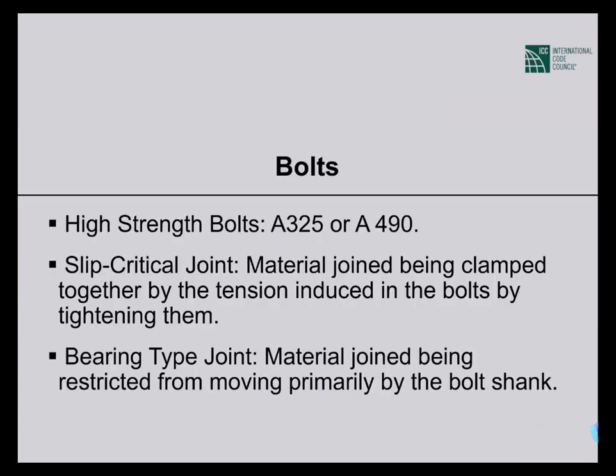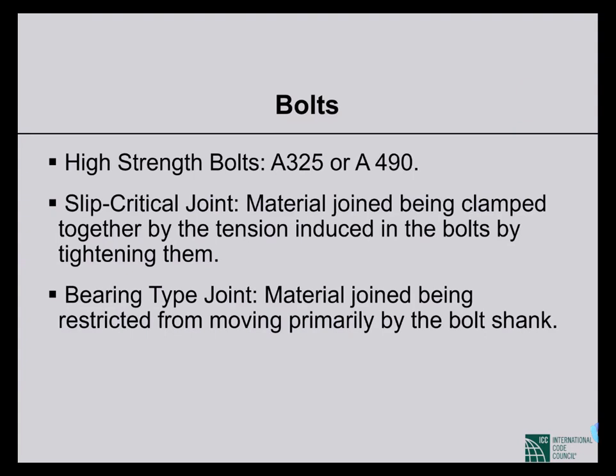Now that was about welding. Now we'll talk a little bit about bolts. Mainly high strength bolts, because while defining the type of bolts, the code only talks about high strength bolts.